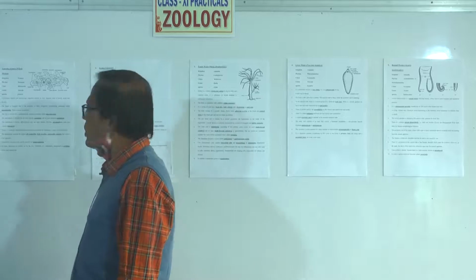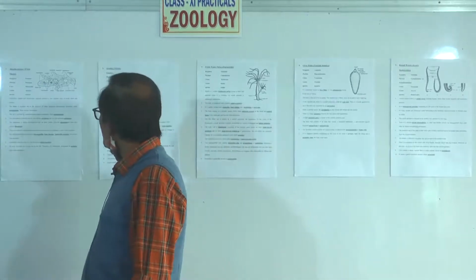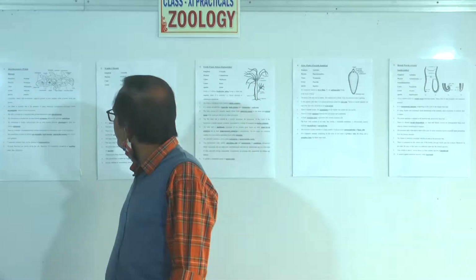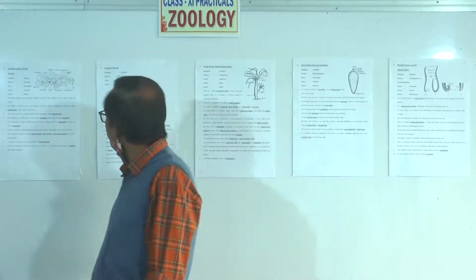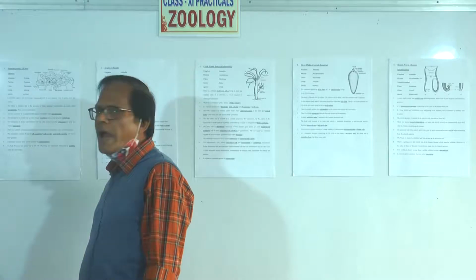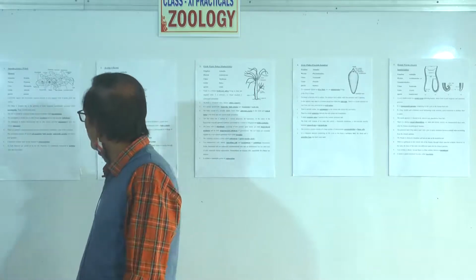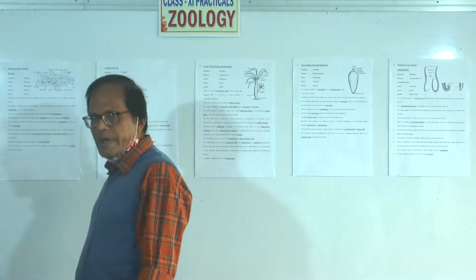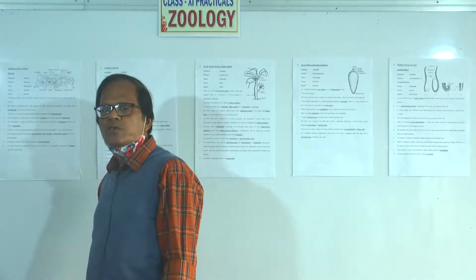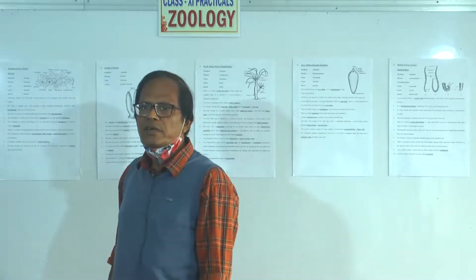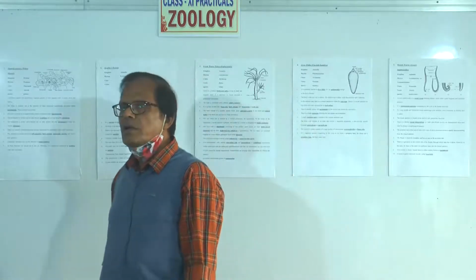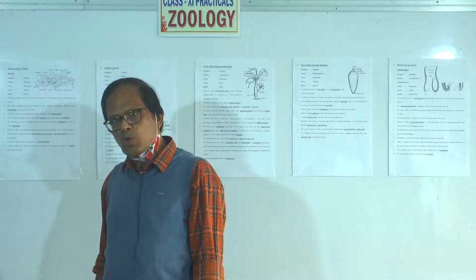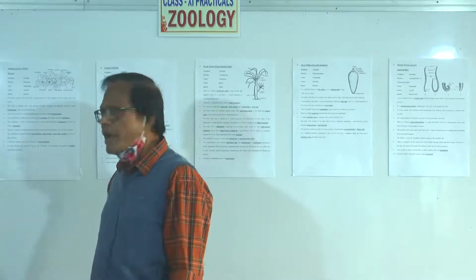It is a unicellular, aquatic, microscopic organism present in clear, stagnant water of ponds, pools, and ditches. The shape is irregular due to the presence of several temporary protoplasmic processes called pseudopodia.